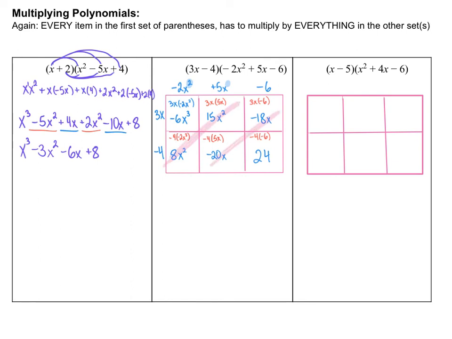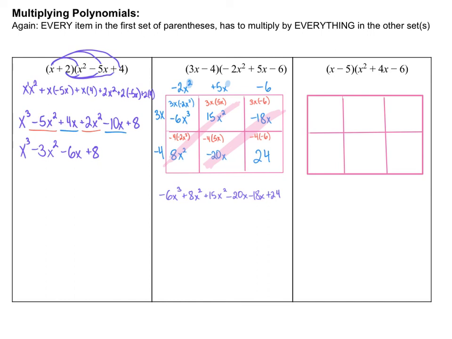I have my x values on this diagonal. If I had more terms to multiply, they would line up on the diagonal. So let's combine these. Negative 6x cubed plus 8x squared plus 15x squared minus 20x minus 18x plus 24.